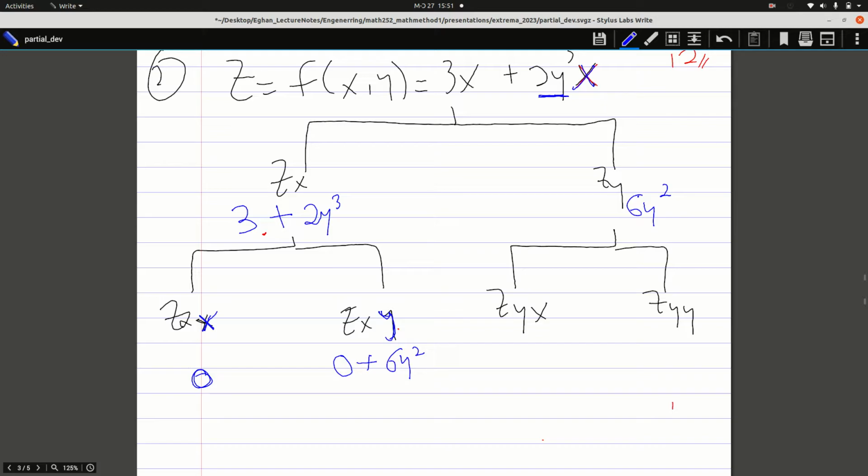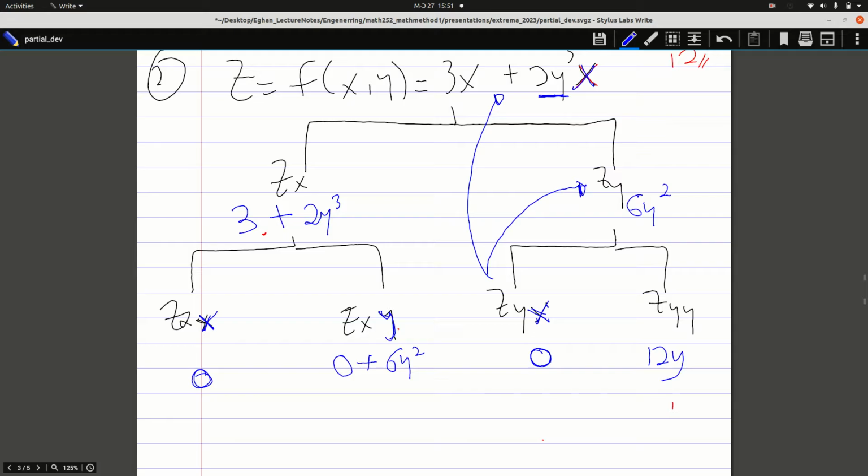Okay, now zy with respect to x. No, you don't go back to the function. It goes back to the zy and differentiate with respect to x. I'm simply going to get 0 there because there's no x term. But zyy gives me 12y. Is this something I'm doing wrong? Yes.